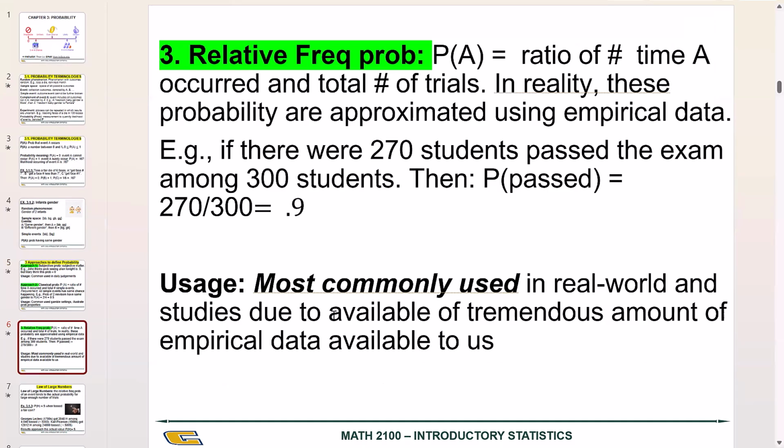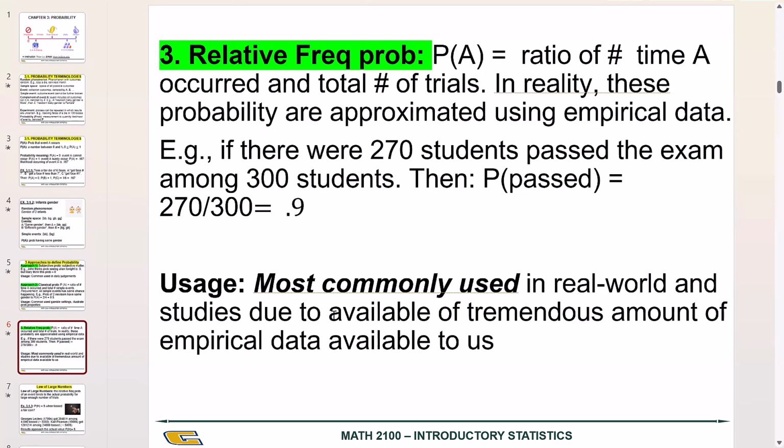And then another approach, which is the most commonly used, we call relative frequency probability. This approach is defined by: if you want to calculate the probability that A happens, you need to track the number of times A occurs and divide by the total number of trials.